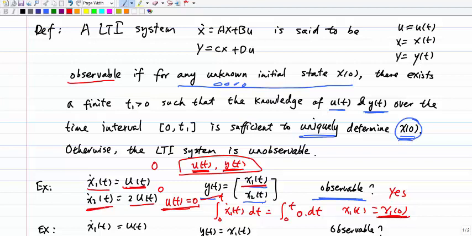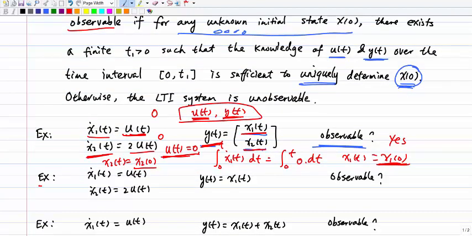Of course, you do the same for the second one: if you let u(t) be 0, x2(t) is also equal to x2(0), so my second output will also determine the initial value of x2. That's why it's observable.